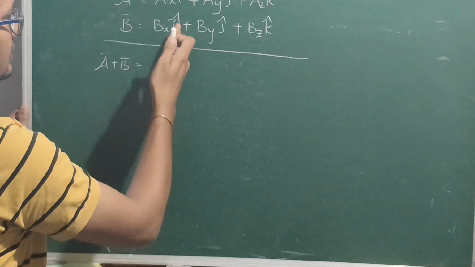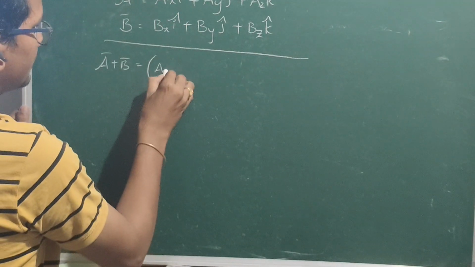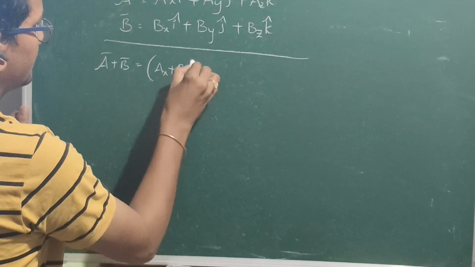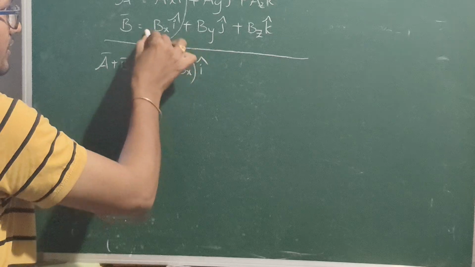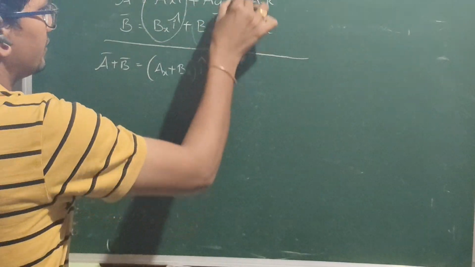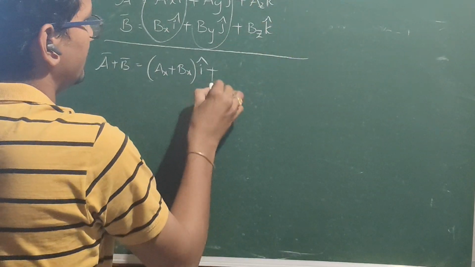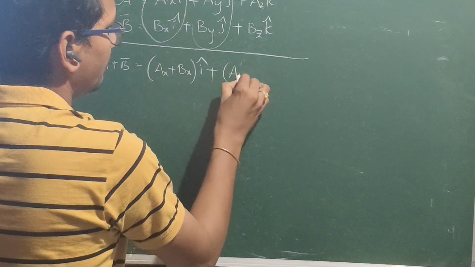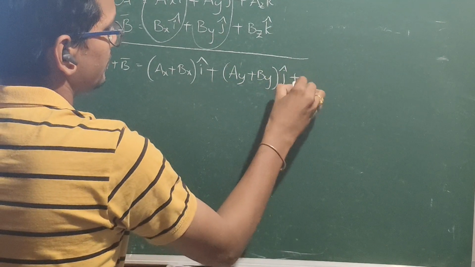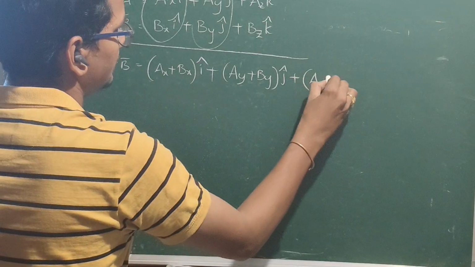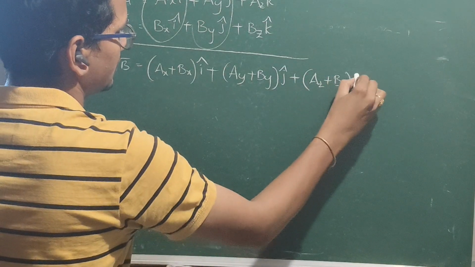On the x-axis, ax plus bx, common i cap. Next, on the y-axis, ay plus by j cap, plus az plus bz k cap.